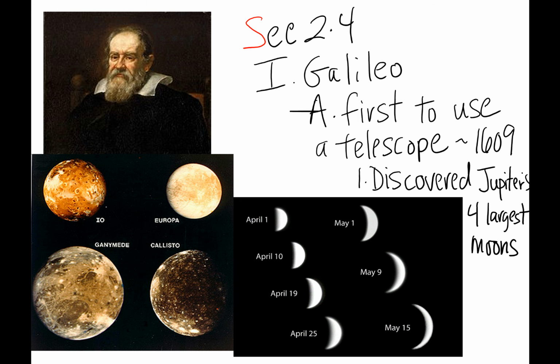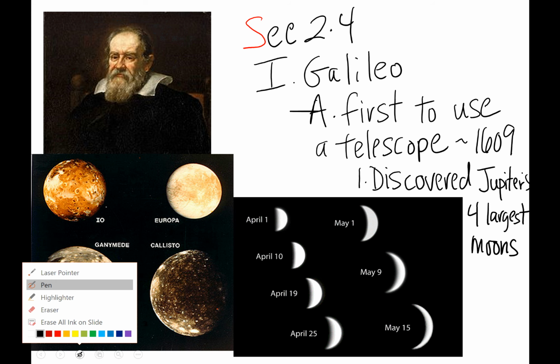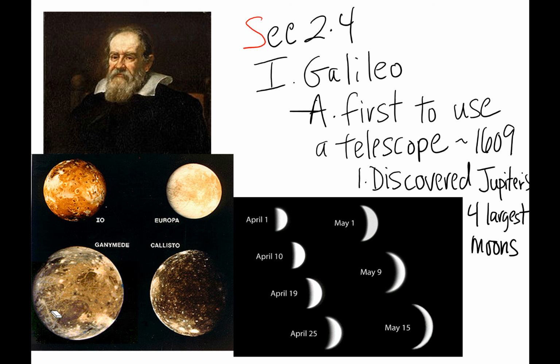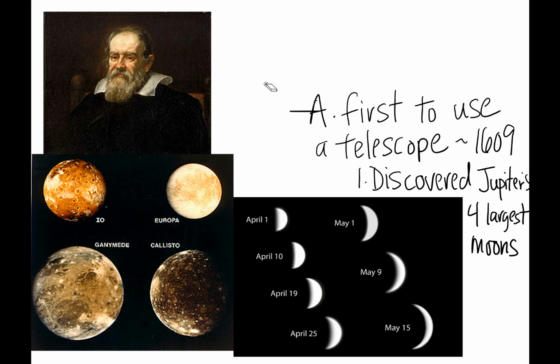Now we know that Jupiter has a bunch of moons. There are about 60 something that are named, but we think that Jupiter may have really hundreds of moons. But the first 4, the biggest 4, you can see through a telescope.